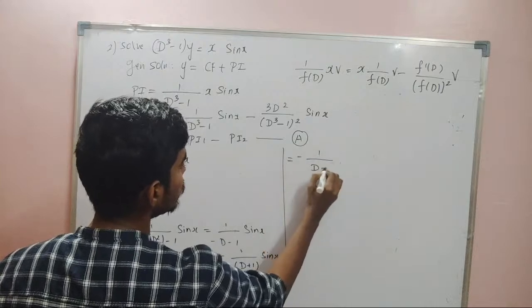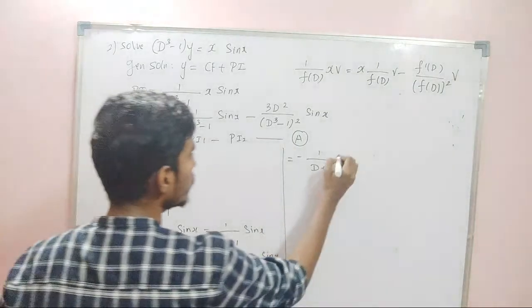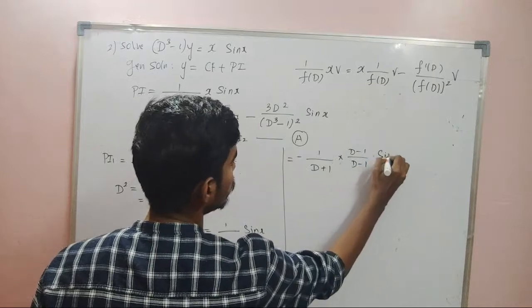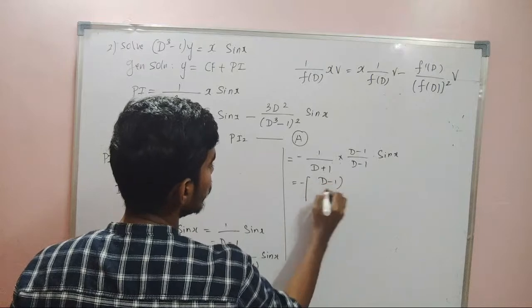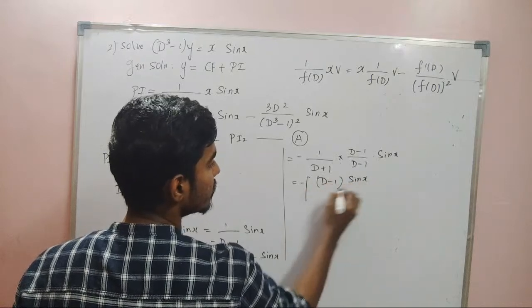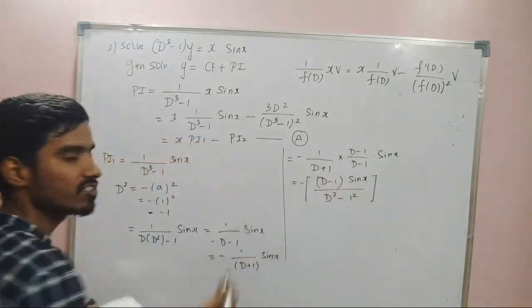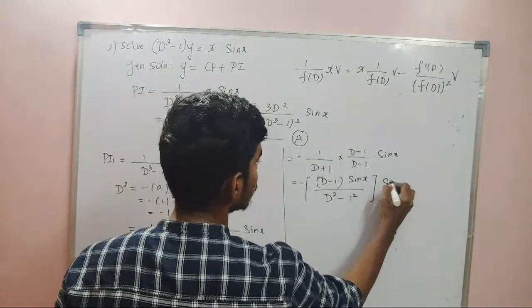So how will we solve this if I have d? If you have watched the previous video, what we will do? We will take the conjugate, right? What is the conjugate? We need to multiply by d minus 1 divided by d plus 1 into sin x. So this will be minus, we have common, so it will be d minus 1 sin x divided by a square minus b square, right? d plus 1, d minus 1 is d square minus 1 square into sin x.